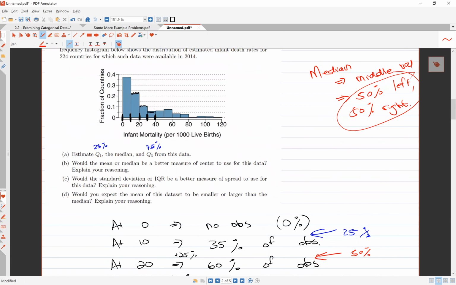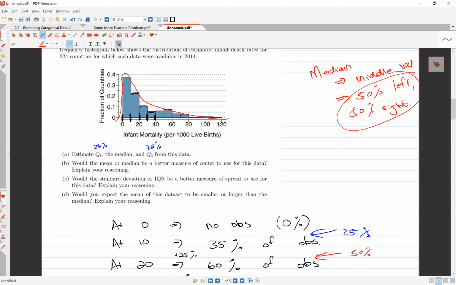For parts B, C, and D, you want to look at the shape of the distribution, because there are two things that determine whether you use the mean or the median. The shape, symmetric versus skew, and whether there are outliers present.